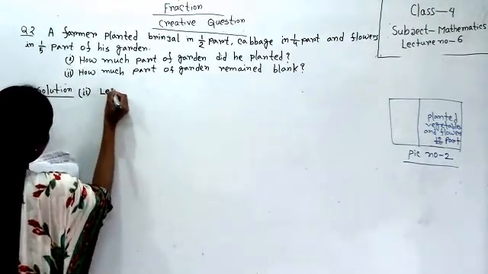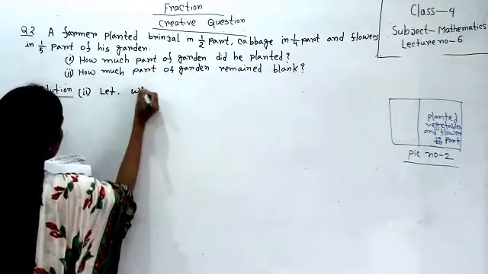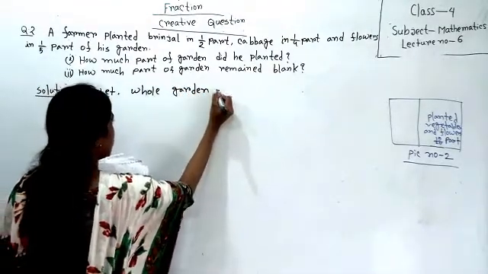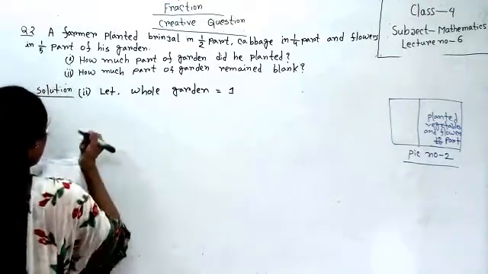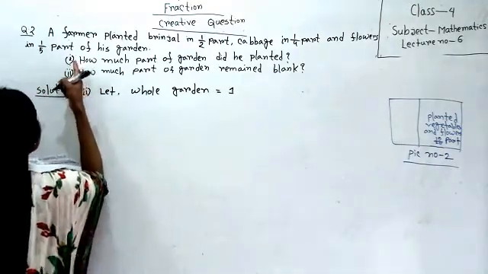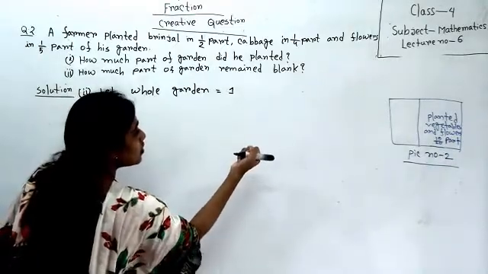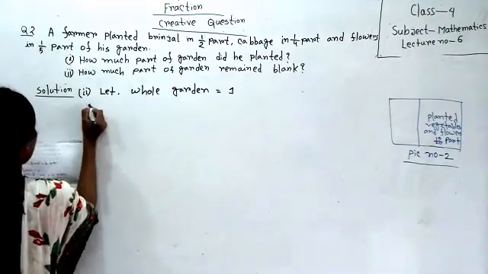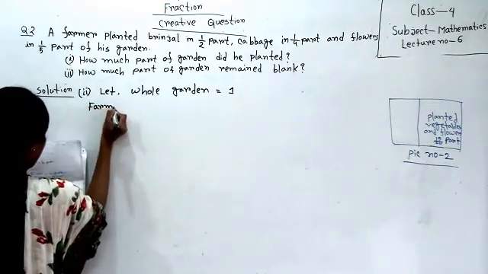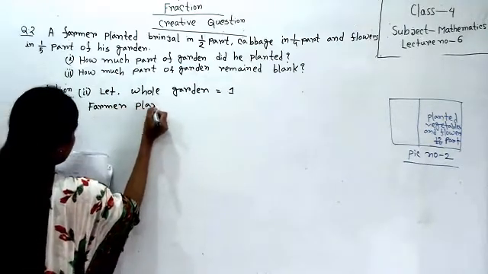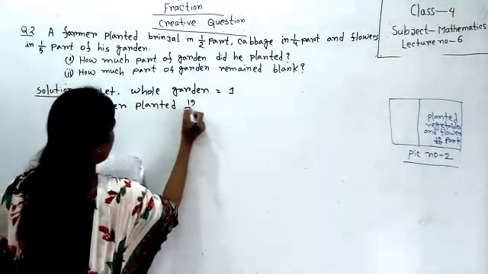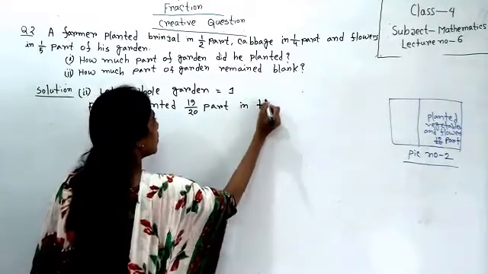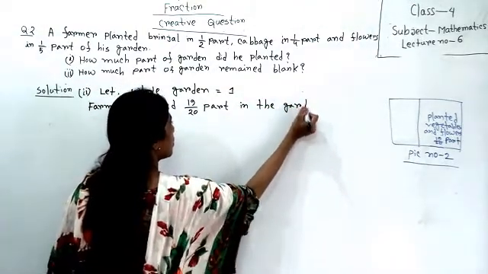Let the whole garden equal 1. From the previous solution, we get 19 by 20 part the farmer planted in the garden.